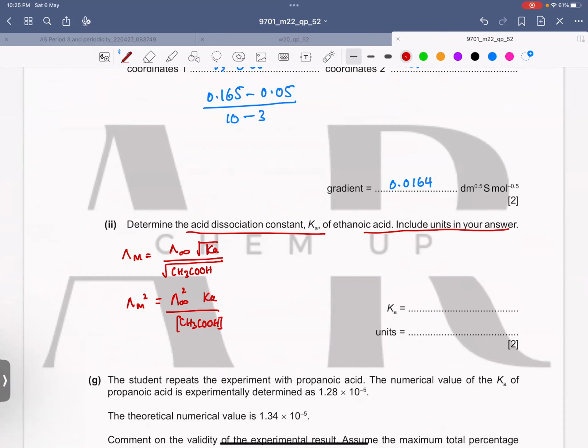If you relate it with the line equation, this would be y and this would be m, that is your gradient, and this would be x.